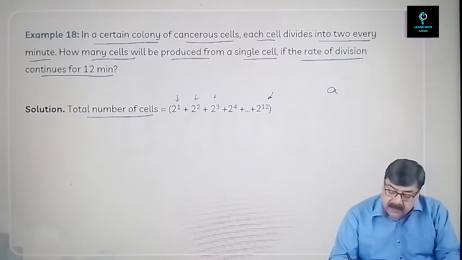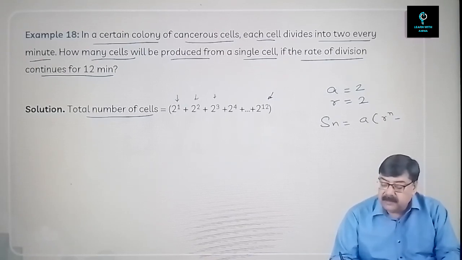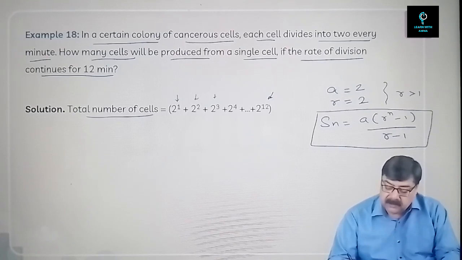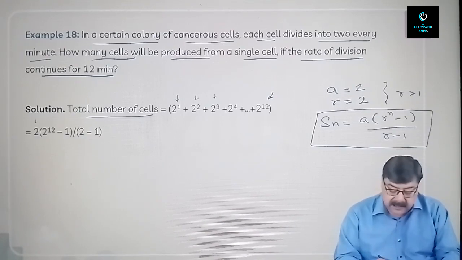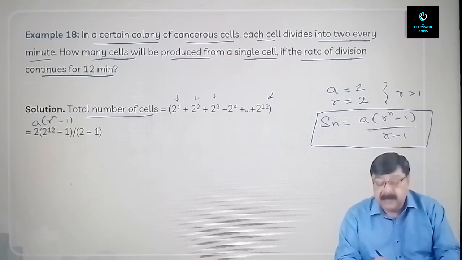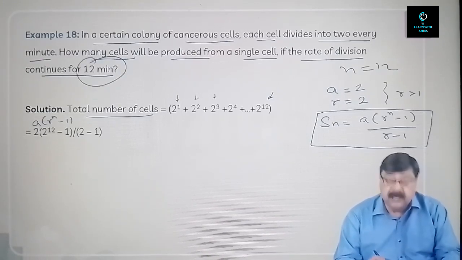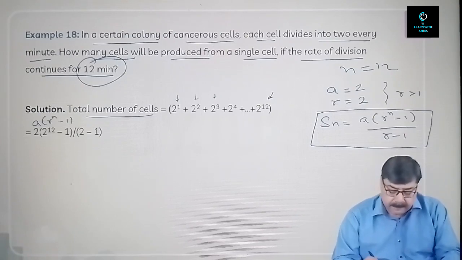So here the value of A is 2. The R is also 2. And we know that Sn equals A into R raised to n minus 1 by R minus 1 here. R is greater than 1. So using this formula, we get A into R raised to n minus 1, that is 2 raised to 12 minus 1. The value of n here is 12 because the division continues for 12 minutes.